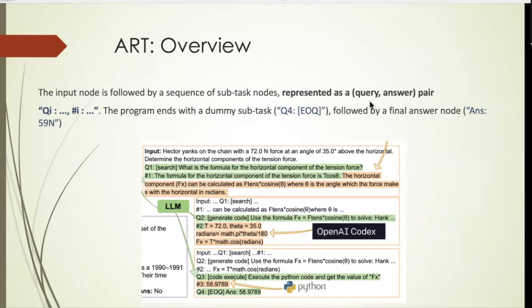The next is about the format of the LLM generation. Basically, all the format is generated as query-answer pairs: question one, response one, question two, response two. This green part is what the LLM needs to learn from the demonstration examples. In the end, if the generation is complete, it needs to put a dummy task to indicate it's complete and then generate the final answer.